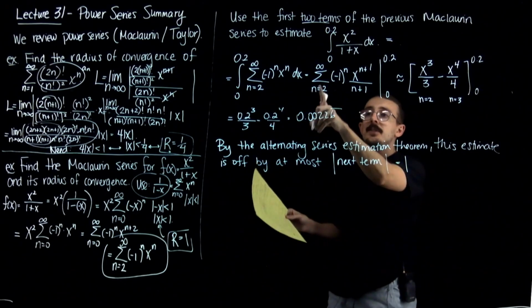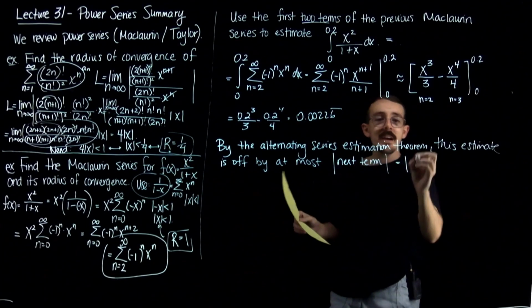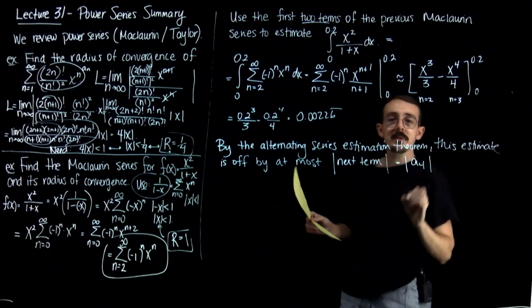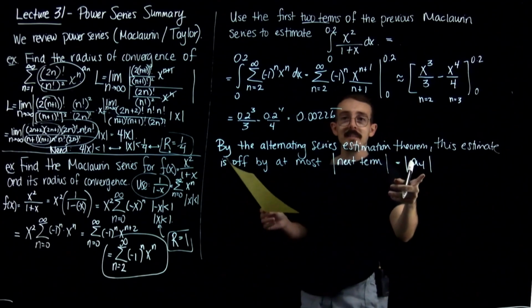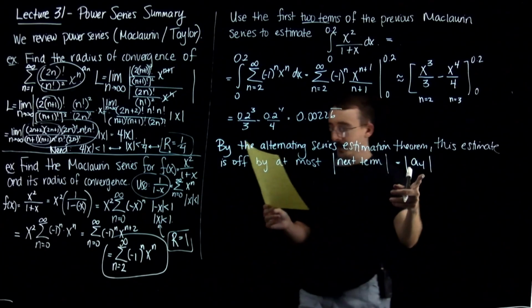I plugged in 2, I plugged in 3. The next one would be the absolute value of a4. So let's do that and evaluate it at 0.2.